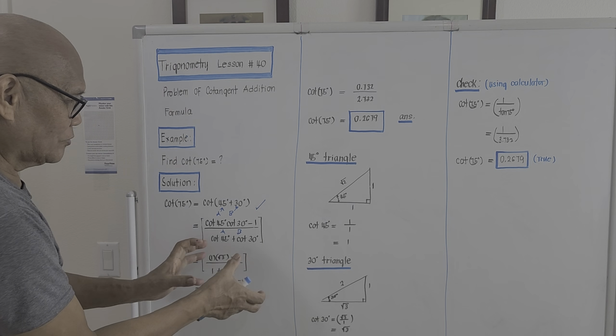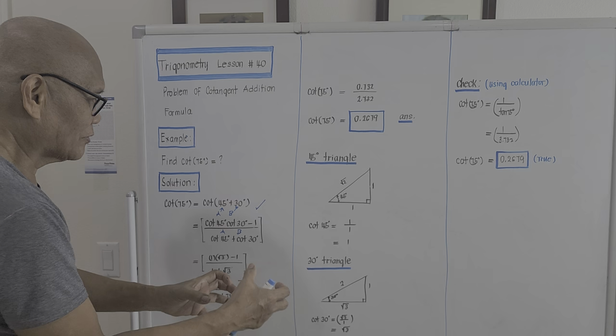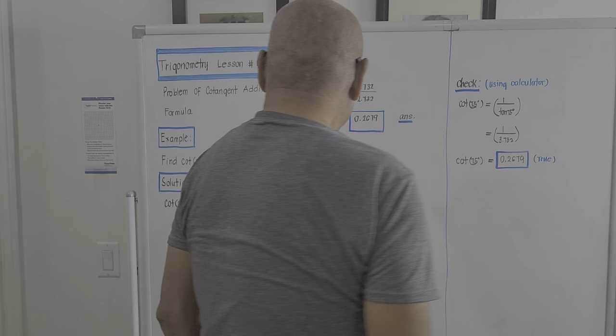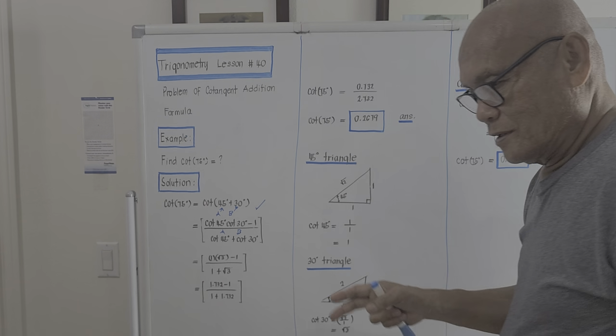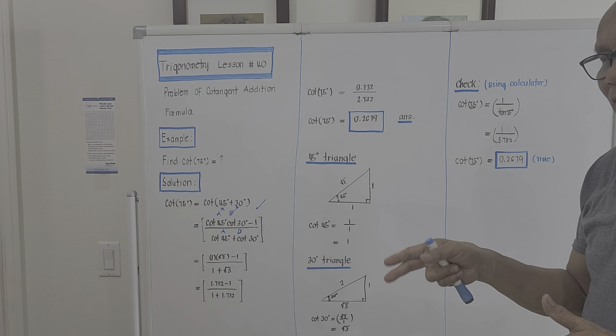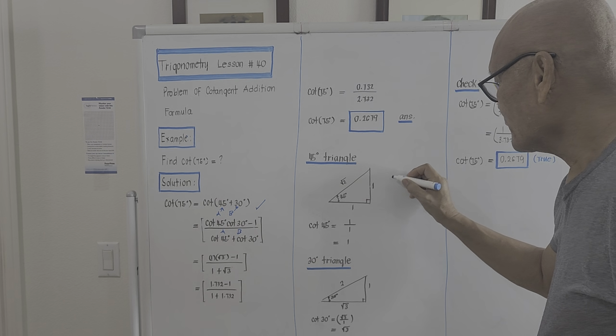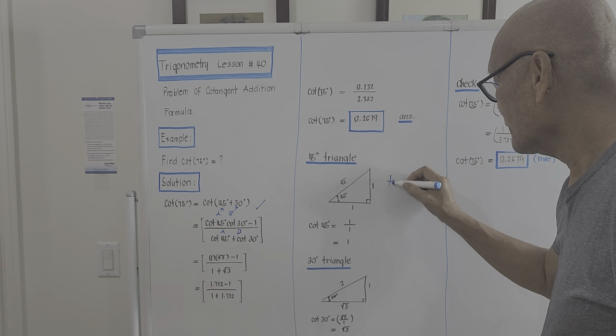Let's go back to the 45 and 30 degrees before we substitute the values. For a 45 degree triangle, the logical thing to think is that tangent of 45 is actually 1.